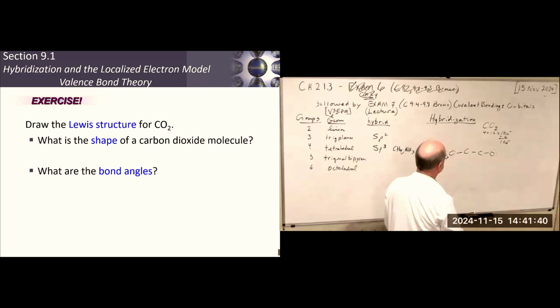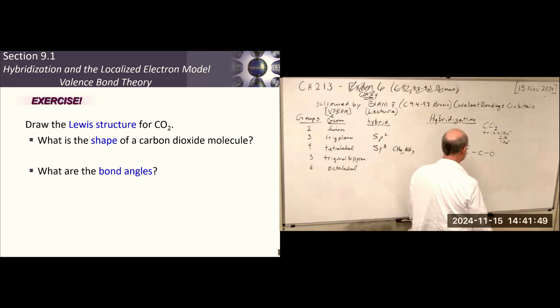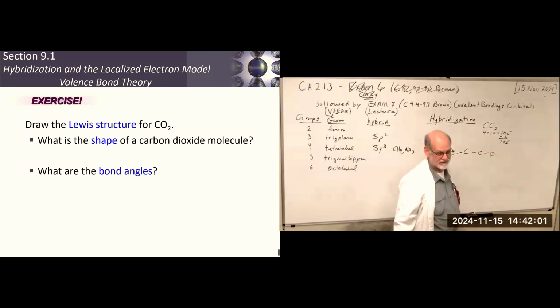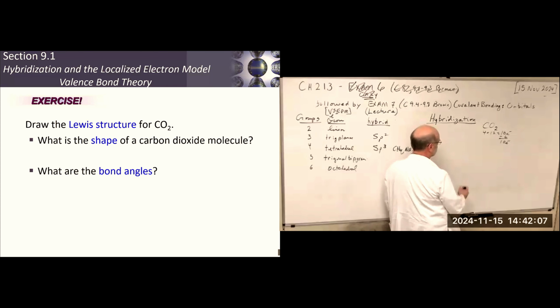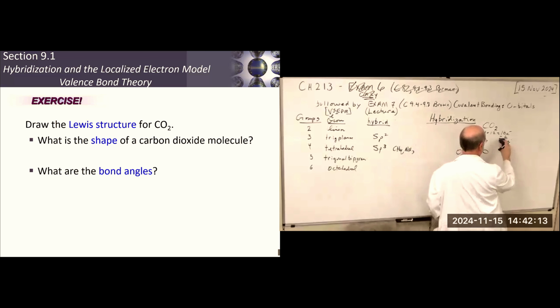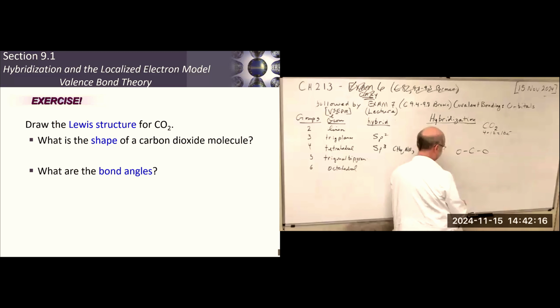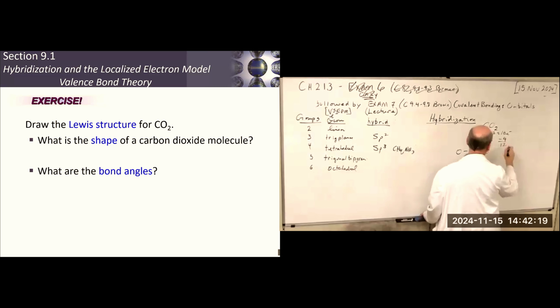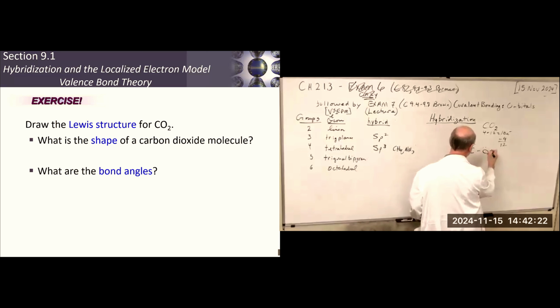All right, I'm doing something wrong. Oh, see what I did? I got an extra carbon in there. Let's try that again. Carbon, oxygen, oxygen. There we go. That looks much better. So 4, and now we've got 12. 2, 4, 6, 8, 10, 12.